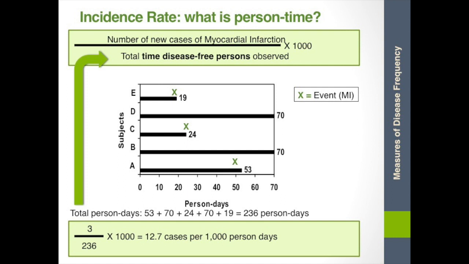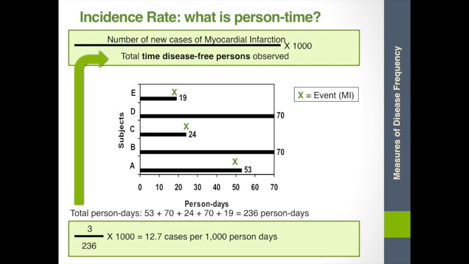Person time is the actual time at risk that people in the population contributed to the study. It can be expressed in years, months, or days. The denominator for the incidence rate changes over the study, as the people originally at risk will develop the disease during the observation period. In this graph, we can see how many days individuals in the study remain free of the event, which would be myocardial infarction.